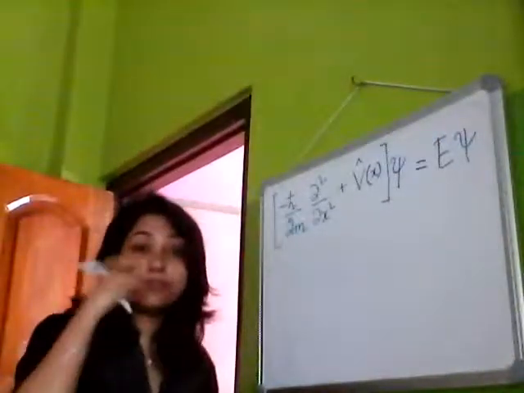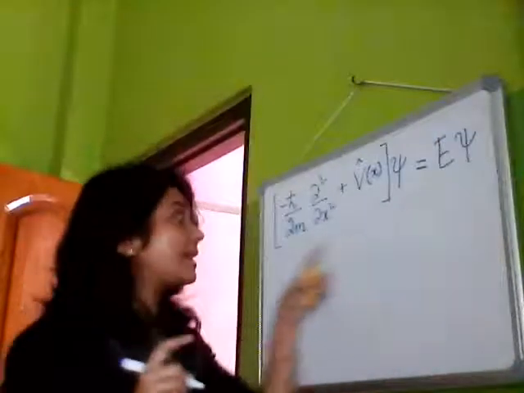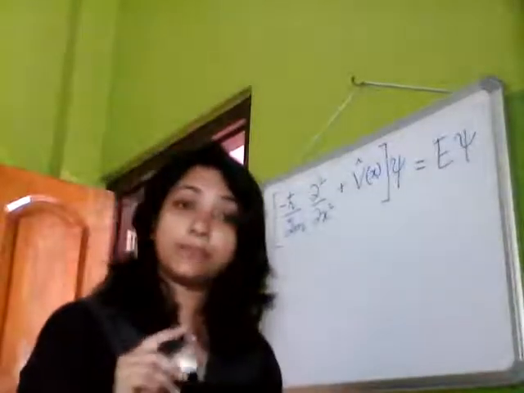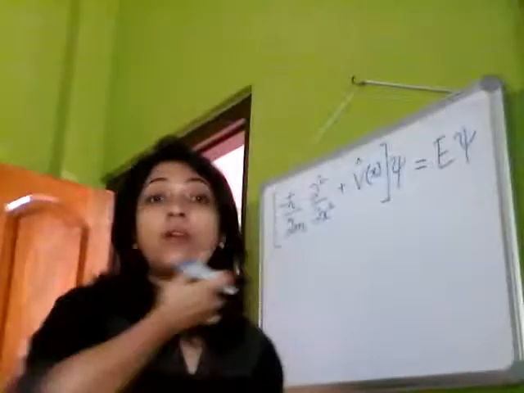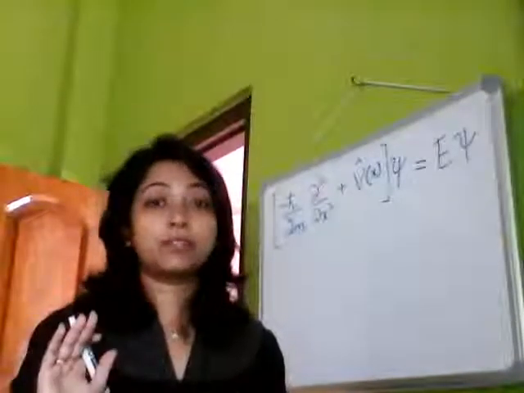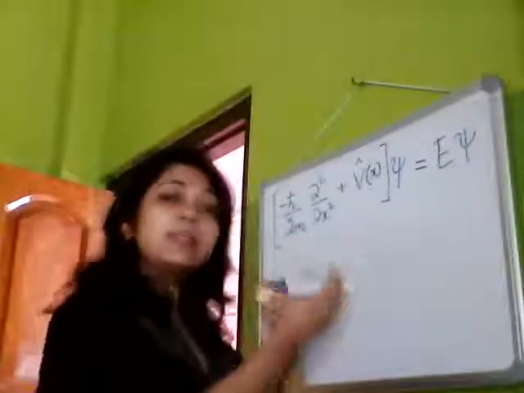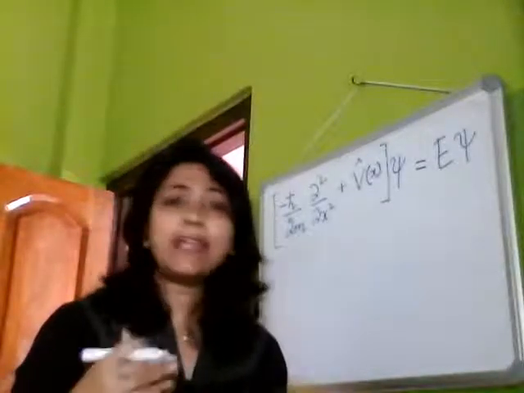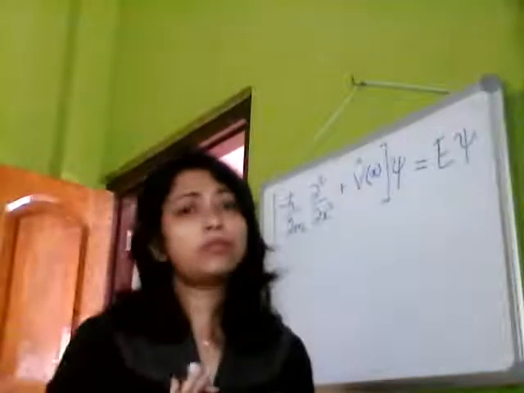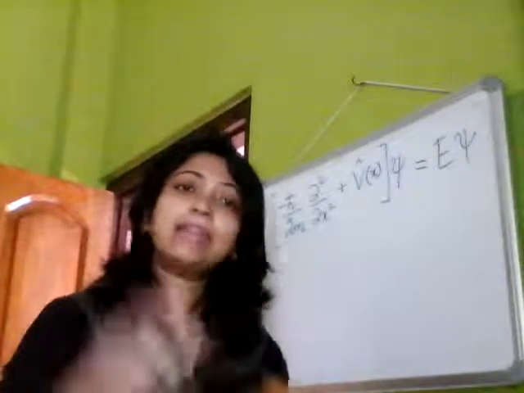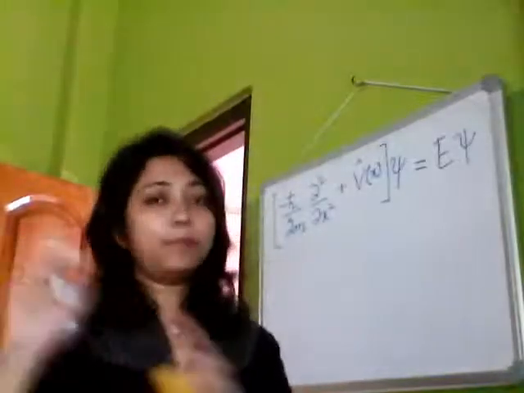Again, reminding all of you that the equation that I have written here is the time independent Schrodinger equation. Remember, yesterday we had solved the time part of the wave function, and the time part is applicable for this system as well. So every day, for every system, we do not solve the time part. We only solve the position part, and later on we combine them to get the complete solution.